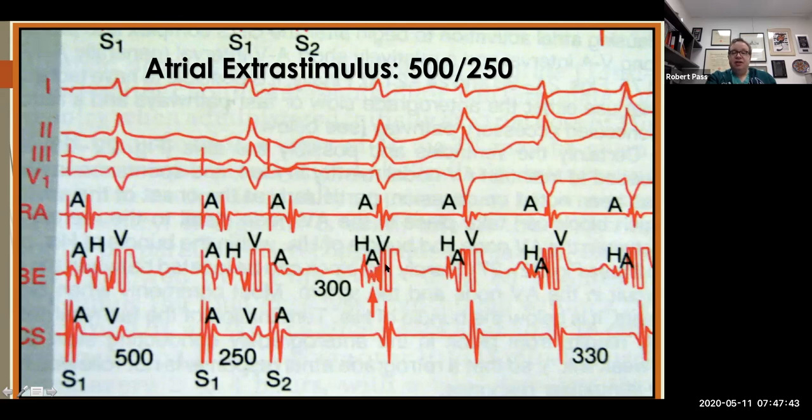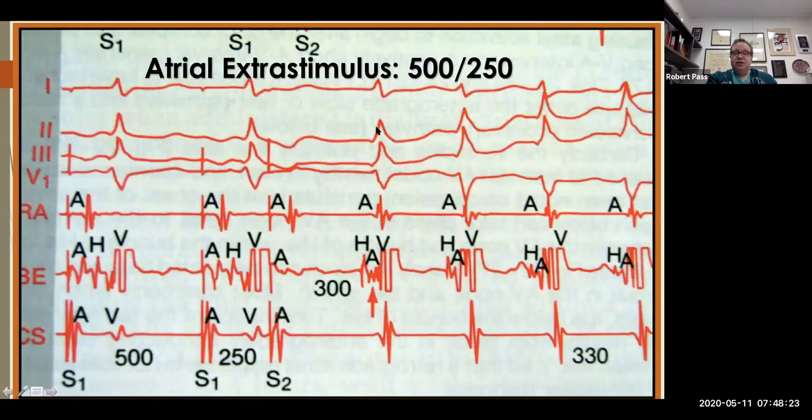The A is preceding the V, and that's because in AVNRT, the reentry is occurring in the AV node, and the time it takes to go from the AV node to the A may in fact be shorter than the time it takes to go from the AV node through the His-Purkinje to the V. So in this example, the time it's taking to go from the AV node up to the atrium is shorter than going to the V, and therefore we're getting atrial depolarization before ventricular depolarization, or almost on time.